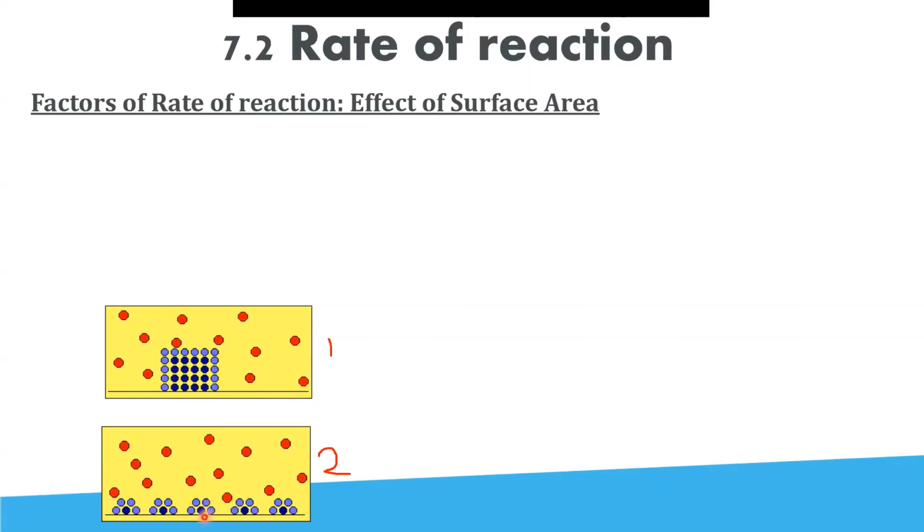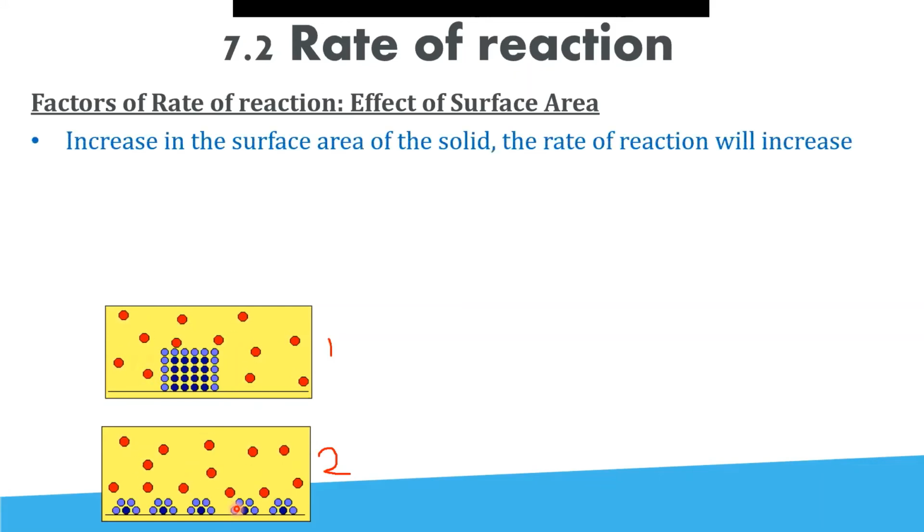In fact, the black ones are fewer in the second one. But the blue ones available for the reaction are much greater. Which means the surface area increases when you make the substance into a smaller size. Larger size has less surface area compared to smaller size. That's the main idea here.